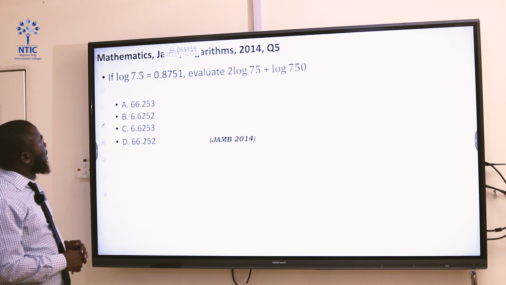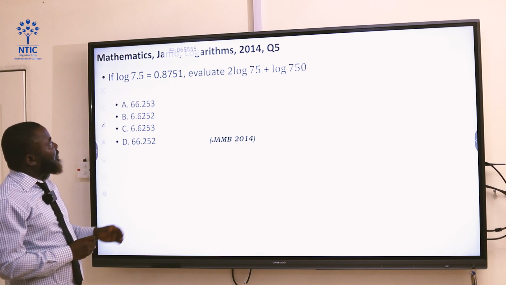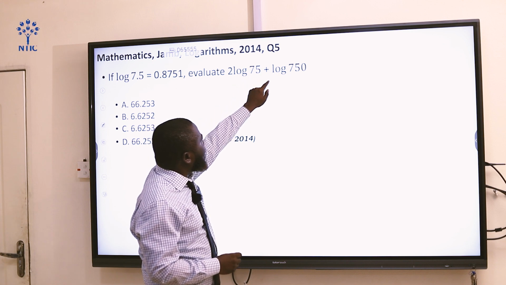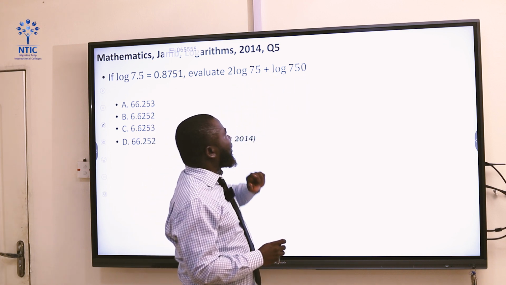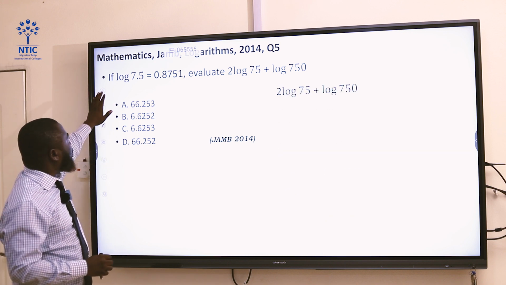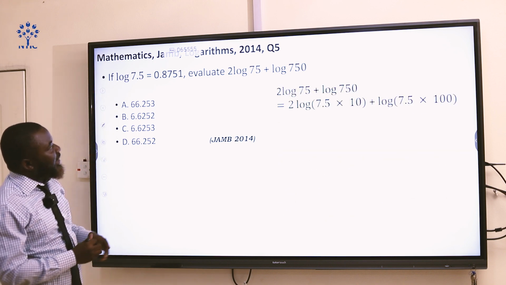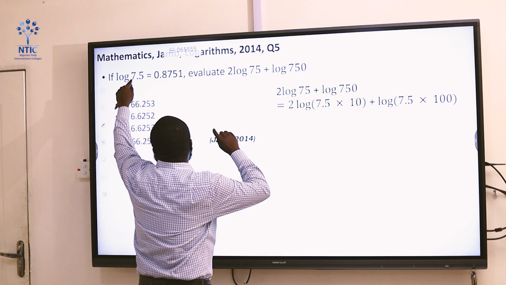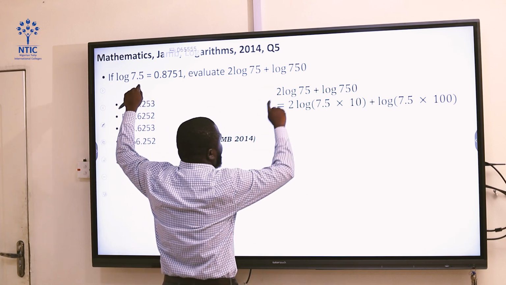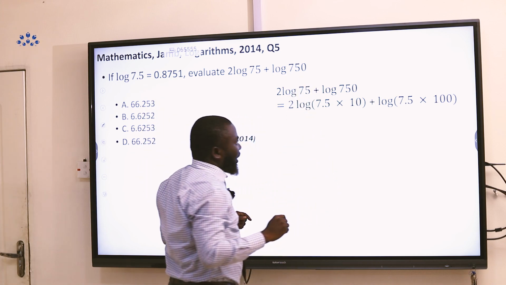Next question. If log 7.5 is this, evaluate 2 log 75 plus log 750. Now, when you have a problem like this, the first thing you need to look at is how do you convert this 7.5 to get 75 and the same 7.5 to get 750.